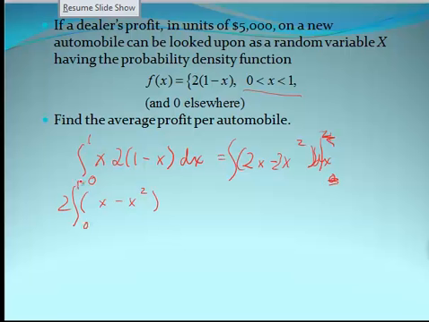So now we'll do the integration, and it's going to be 2 times x squared over 2, minus x to the third over 3, and this whole thing is evaluated between 1 and 0.